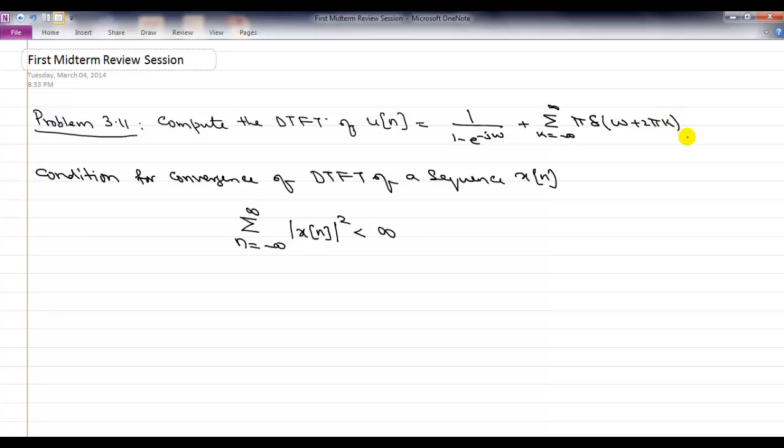Okay. You can go through the steps personally, but that is one of the reasons. If you don't satisfy this condition, then you should never try to take the sequence and plug it into the DTFT formula.